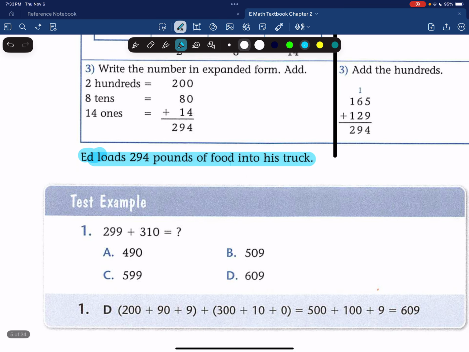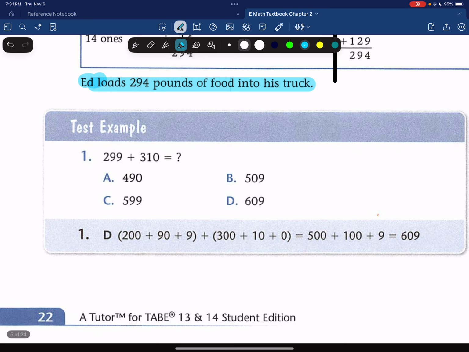Okay, here's a test example. I'm going to use the algorithm method here because I'm going to assume if you've made it to this video that you have a pretty good understanding of what you're doing. So I think we're safe to move to the algorithm method.